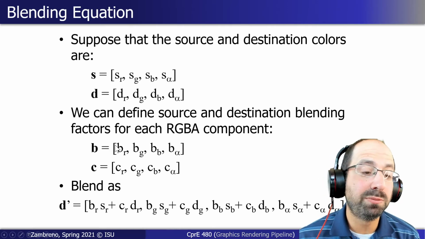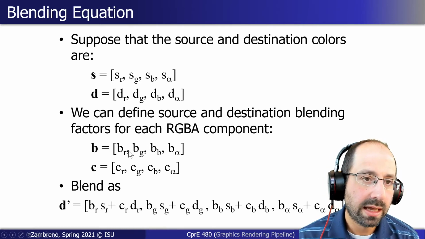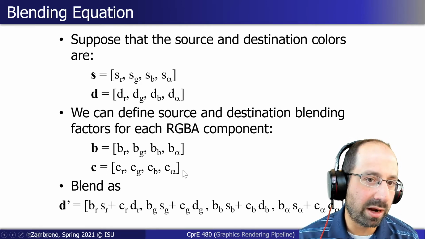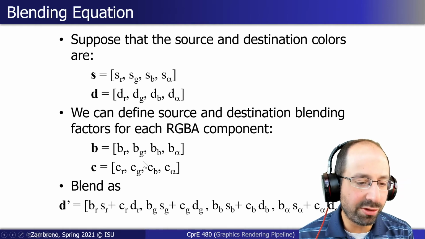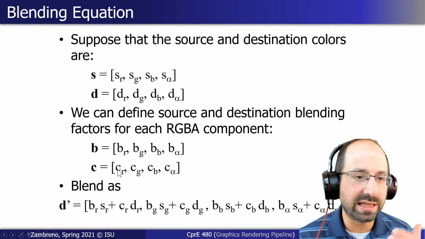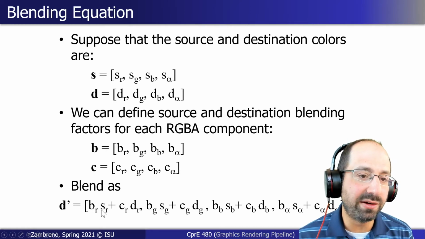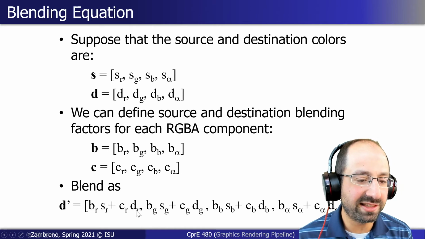But we define those blending factors. How much of the source do I want to have? How much of the destination do I want to keep? And again, usually those would add up to one for the same reason as before. And then we actually calculate in our new pixel a blended value. Give me some percentage of the source plus some percentage of the destination.